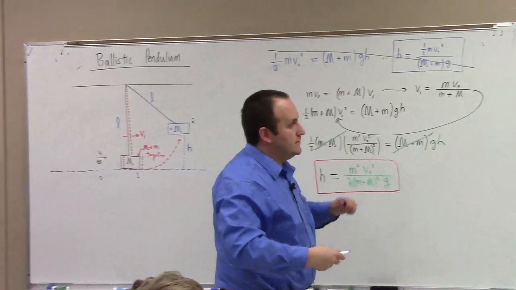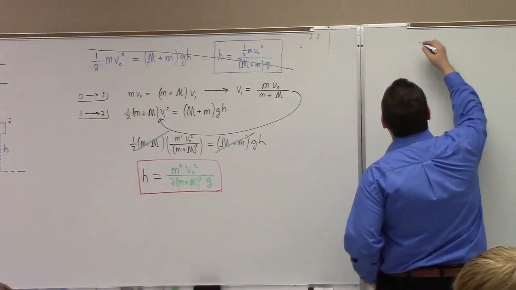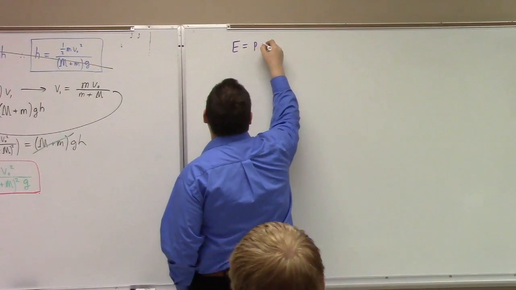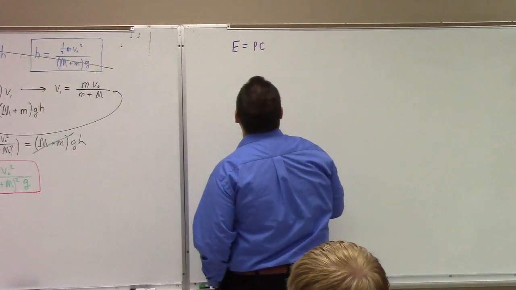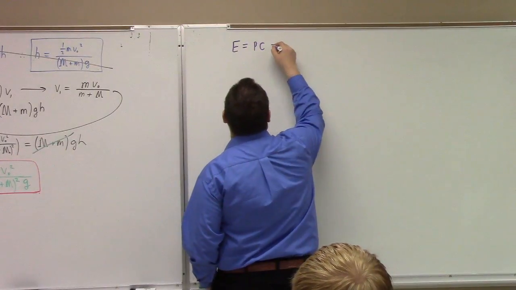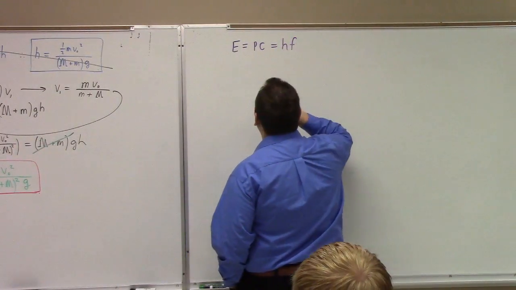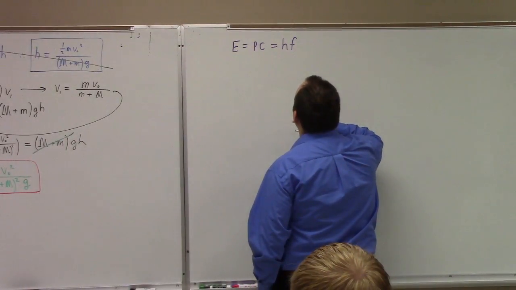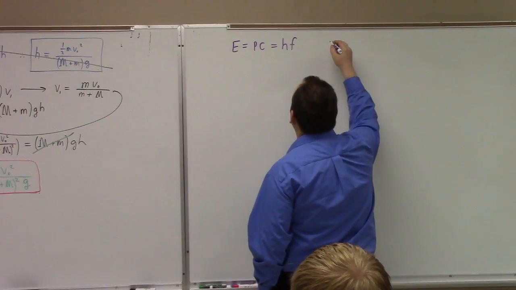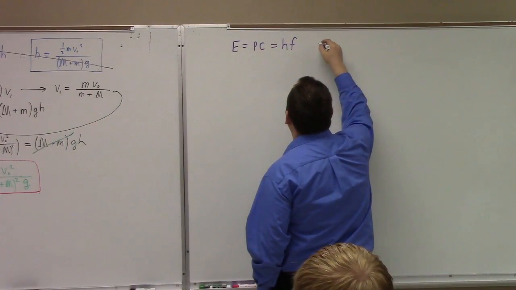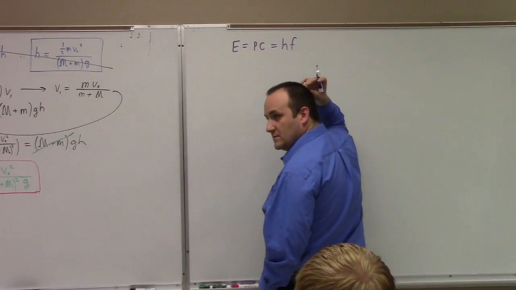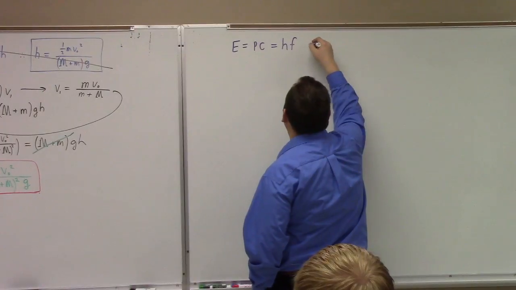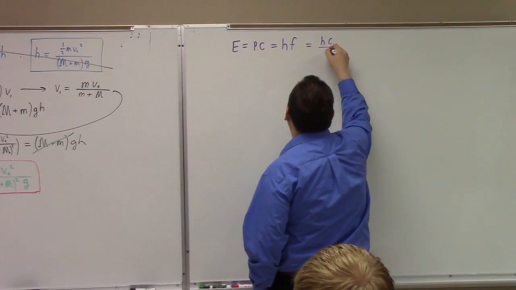For light, I don't know if I'm supposed to tell you guys this right now, but how's it go? Energy is equal to the momentum times the speed of light, if I remember right. Energy is also equal to Planck's constant times the frequency. And what else is that equal to? How's wavelength relate? Planck's constant, hc over lambda. Oh, hc over lambda, I'm sorry. Right, exactly.